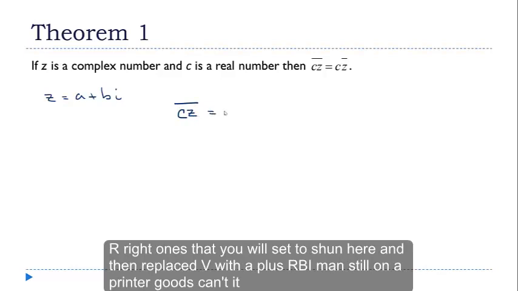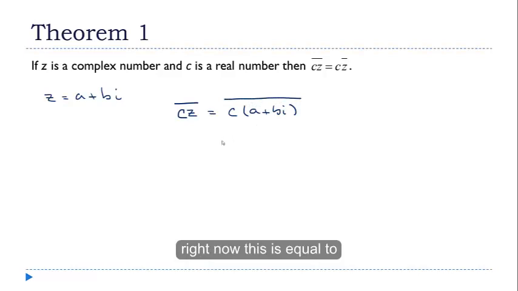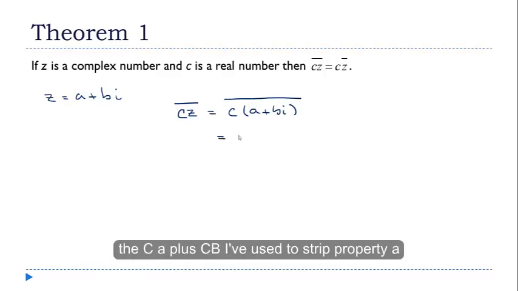Well, I'm just going to do a little substitution here. I'm going to replace z with a plus bi, and that's still all under this conjugate. Now, this is equal to ca plus cbi. I just used the distributive property there.